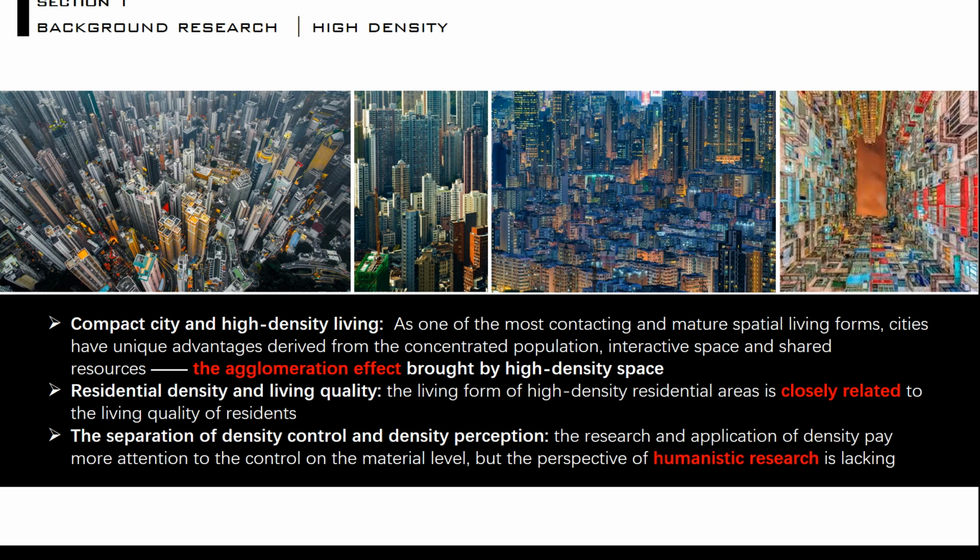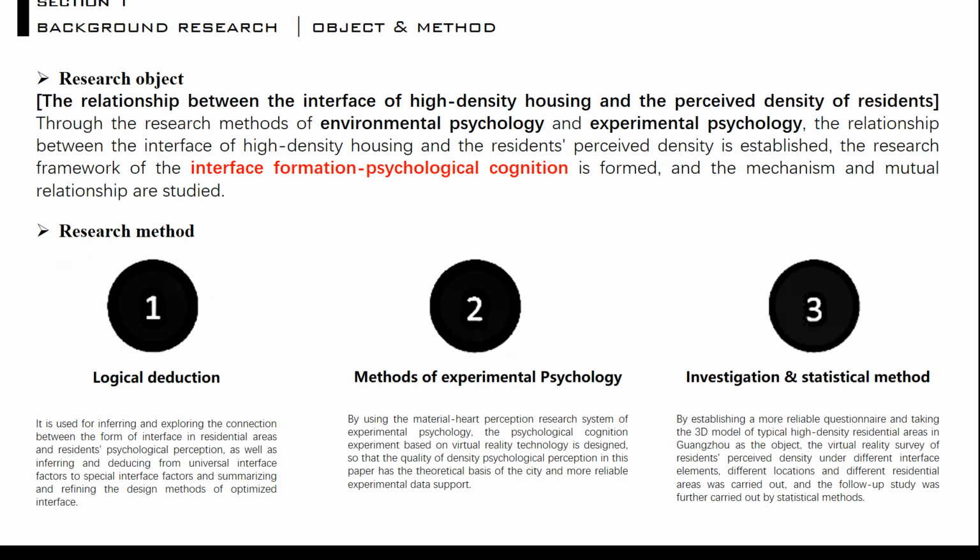Residential density and living quality are closely related, but the perspective of humanistic research is lacking. In this paper, we focus on the relationship between the interface of high-density housing and the perceived density of residence by logical deduction, method of experimental psychology, and investigation statistical method.